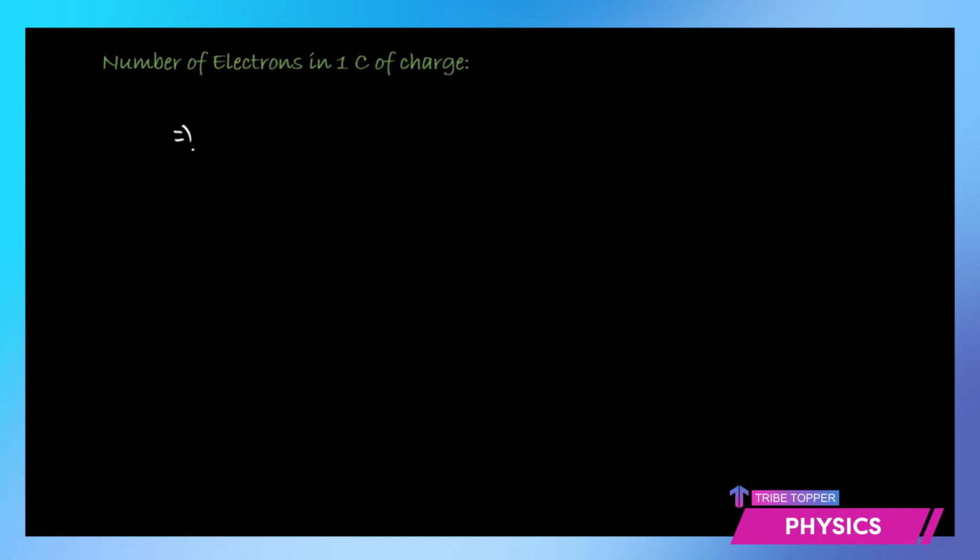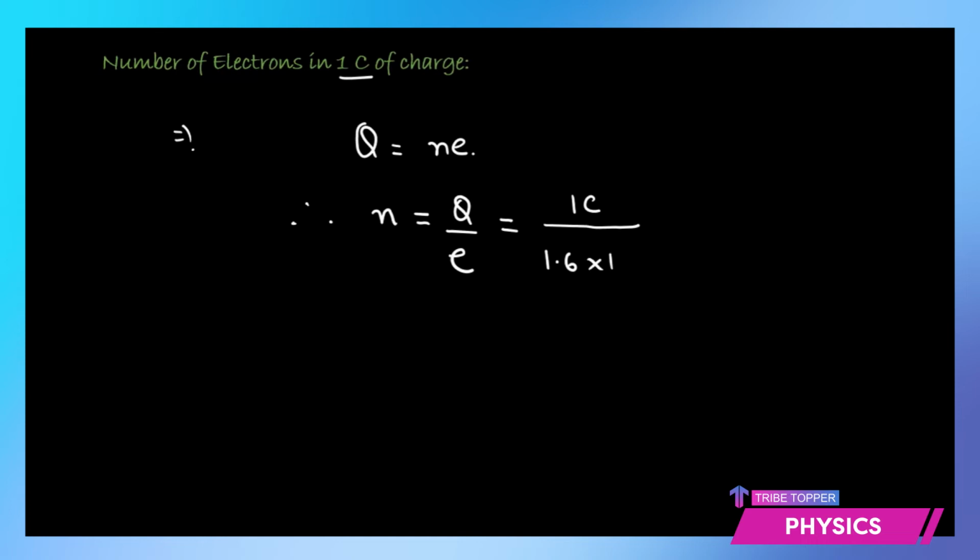Now let's find out how many electrons are present in 1 coulomb of charge. In the last video sessions, we learnt about the quantization of charge, where I gave the equation Q is equal to N times E. Therefore, the number of electrons N is equal to Q over E. Now the charge I'm talking of is 1 coulomb, so Q is 1 coulomb, over E, the charge on 1 electron, which is 1.6 times 10 to the power negative 19 coulombs.